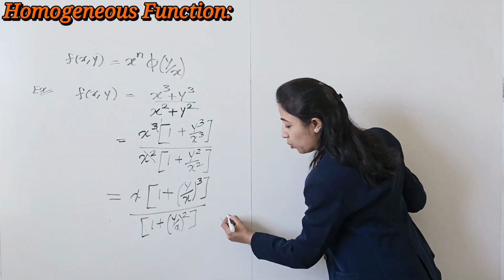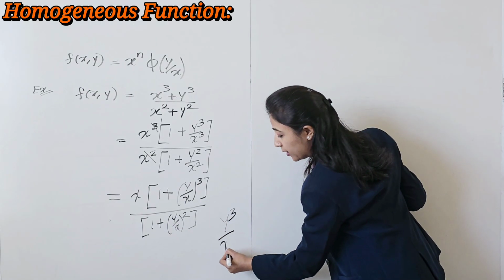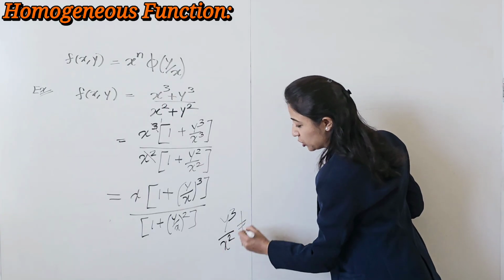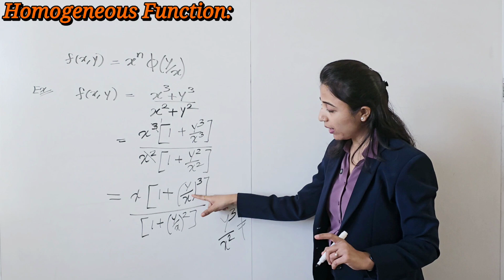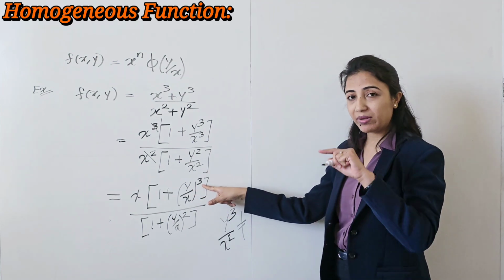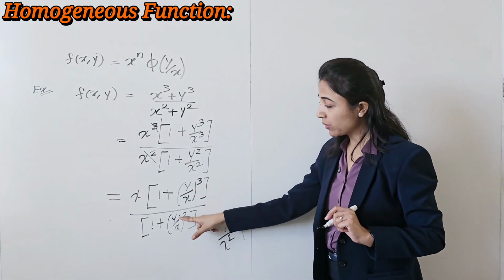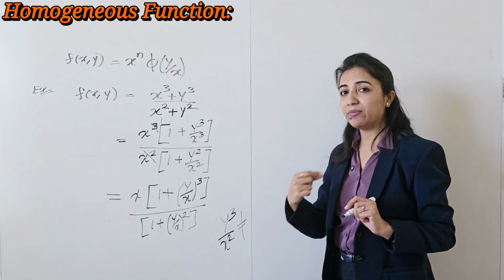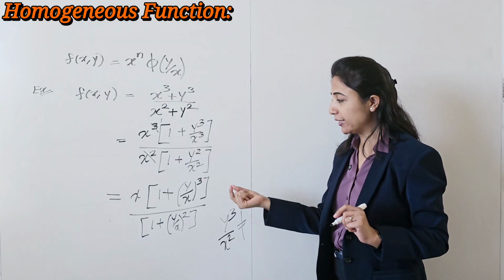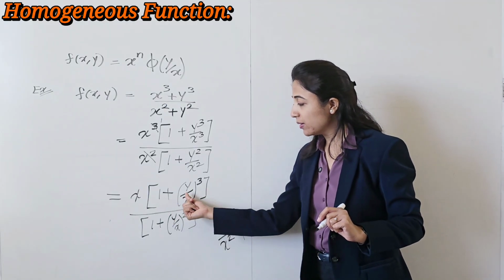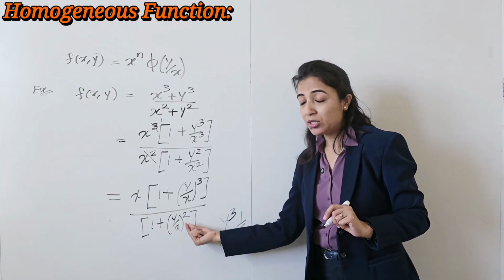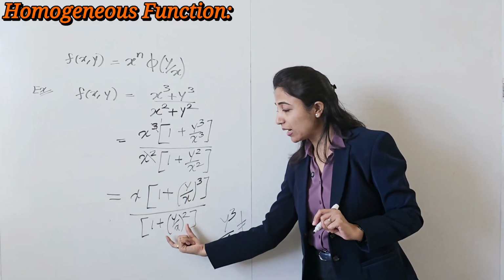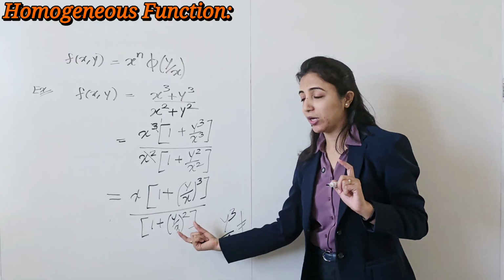If it were y cube by x square, then it is not a function of y by x. But because x and y both have the same power, combinedly we can write it in the form of y by x. If we write y by x as a new variable t, it becomes 1 plus t cube divided by 1 plus t square. So hence we can say it is a complete function of y by x.